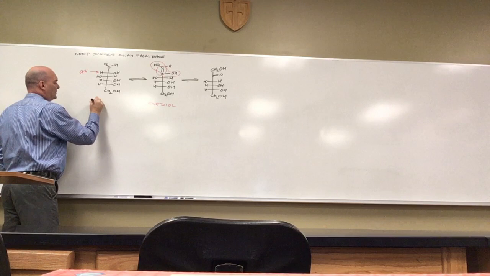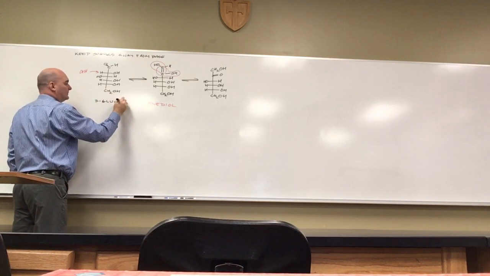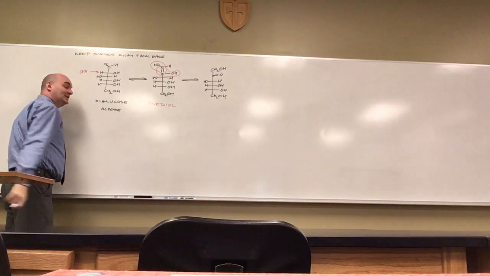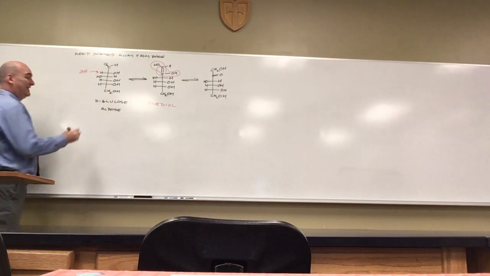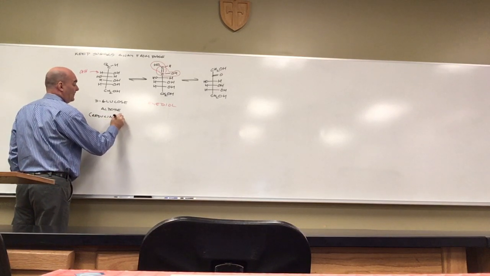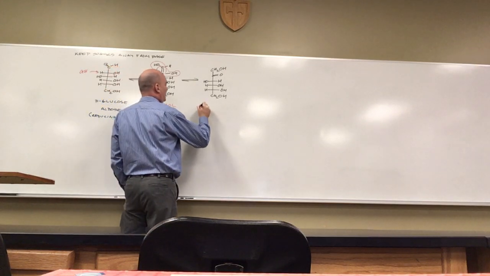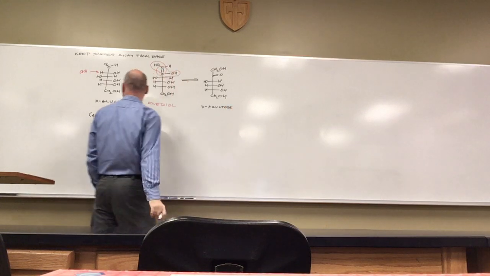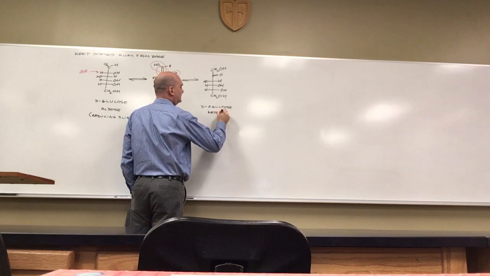And you just took your glucose, which was an aldose, and because it's an aldose, has an aldehyde group, and therefore can be oxidized, and therefore is a reducing sugar, and turn it into fructose, which is not an aldose, it's a ketose.